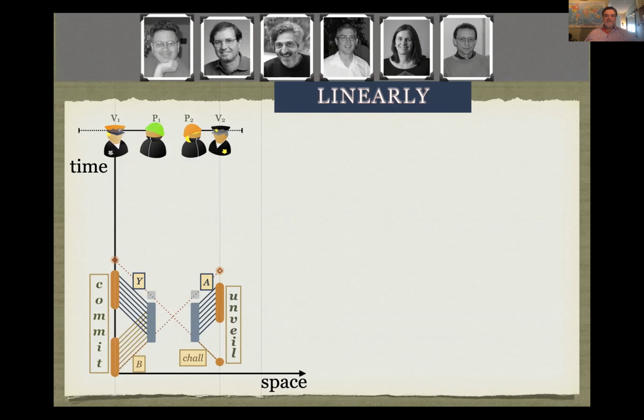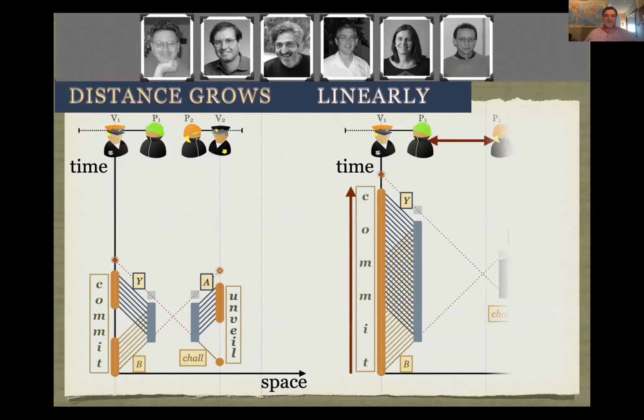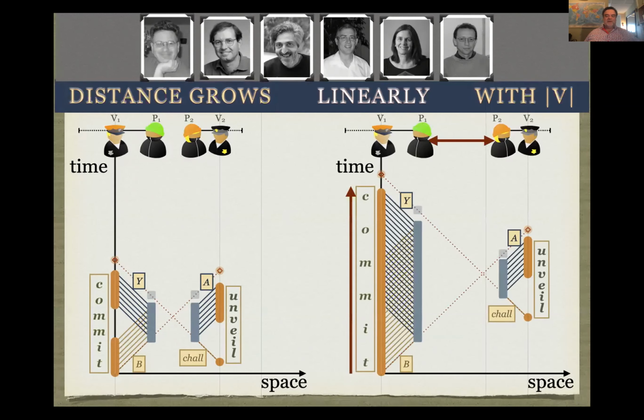And as a matter of fact, I have a small glitch with my slides here, but the Chailloux-Leverrier version of the protocol will have that the distance between the two sets of provers verifier has to go quadratically with the number of vertices, whereas this other approach that's very natural would grow linearly.